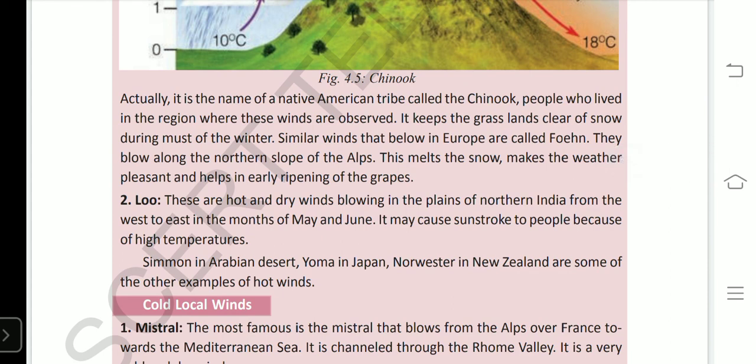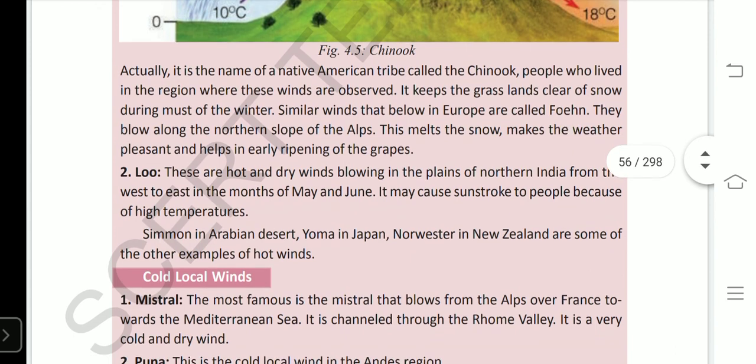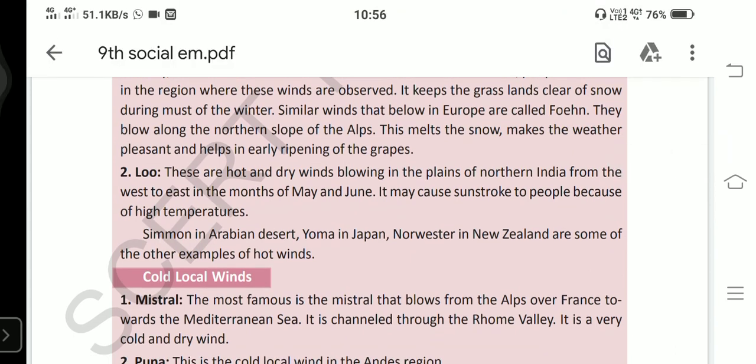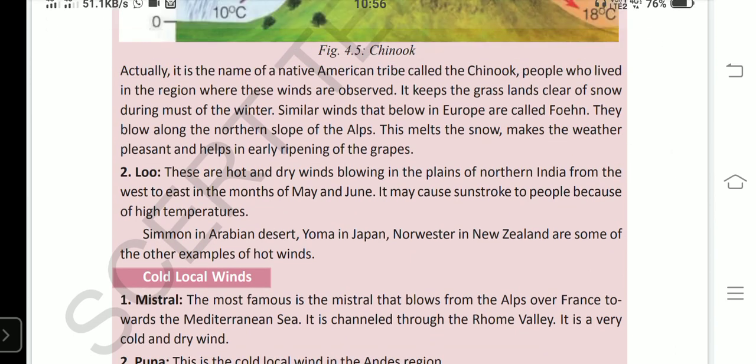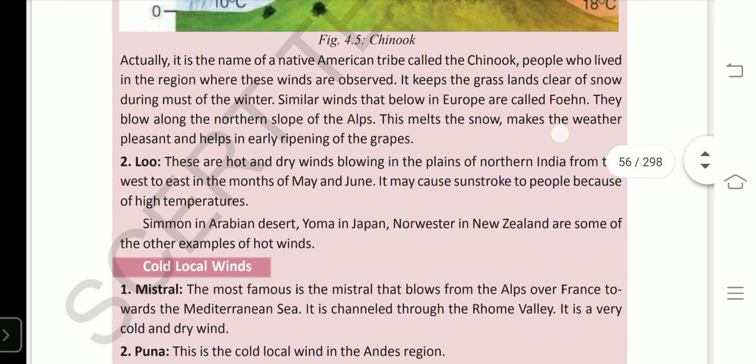So many times we hear in the newspaper that many people died due to sunstroke. Understand? So this is Lu, a hot wind blowing in India.